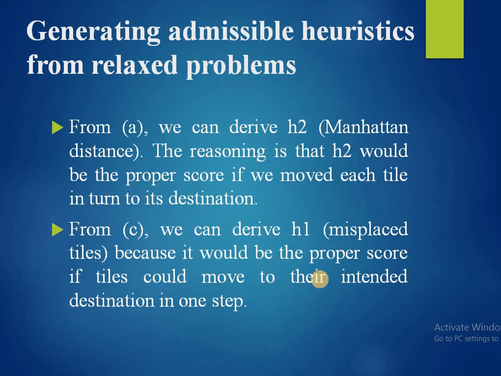From a, we can derive h2, that is Manhattan distance. The reasoning is that h2 would be the proper score if we moved each tile in turn to its destination. From c, we can derive h1, that is misplaced tiles, because it would be the proper score if tiles could move to their intended destination in one step.